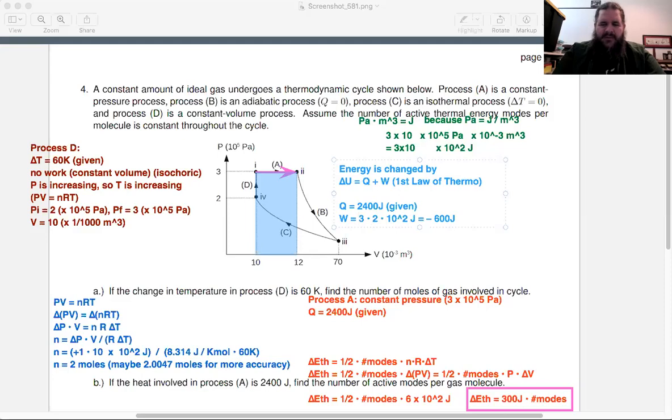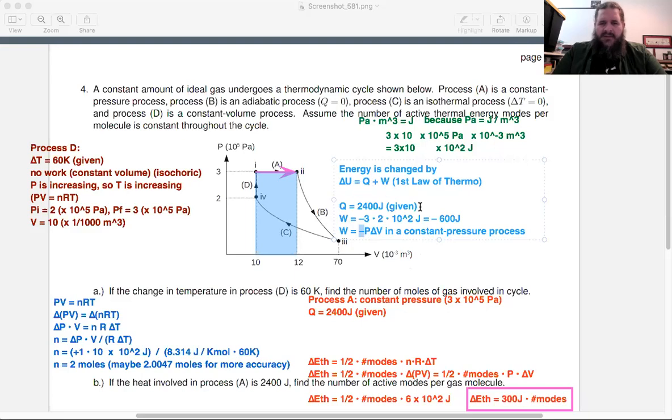And this is actually from the usual formula for work in a constant pressure process, which is negative pressure times delta volume. That negative is literally just to take care of directionality: if the gas is expanding, you want work to be negative. If the gas is compressing, you want work to be positive. So the negative takes care of that.